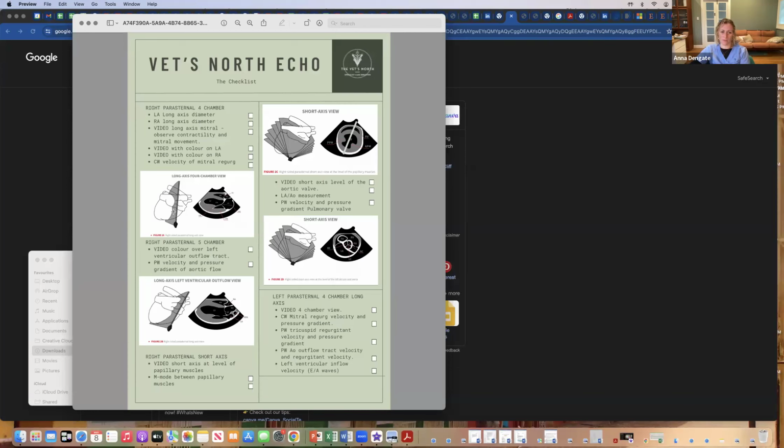The reason I want to introduce it is because this has got the conceptual views. And Alex, I think it might be handy as you're learning to echo to really have in your mind how I was saying you can either move the probe or you can tilt the probe. So if you look here, your short axis view, the probe doesn't move. You're literally tilting rather than moving the probe right up through the heart there.